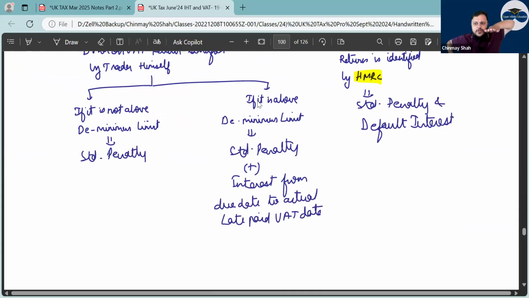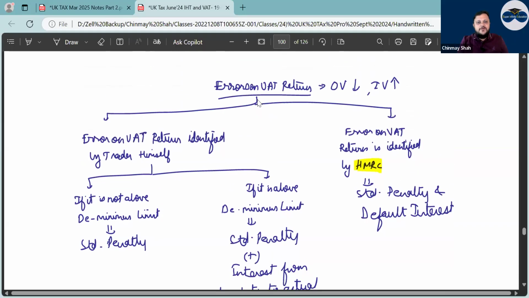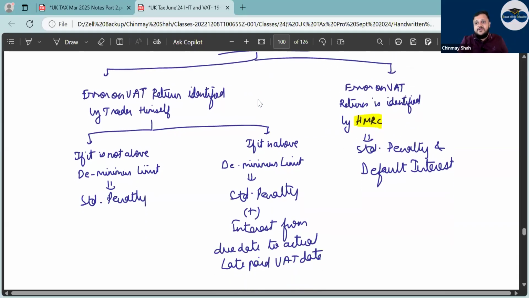See, if you underpay tax or pay lesser VAT, correct? Or if you file the return late, in all these cases, one penalty point will be added. Up to 4 penalty points, right? No tension. But at the fourth penalty point, you will have what? Tell me. Problems, correct? But at every error, you will have a standard penalty.